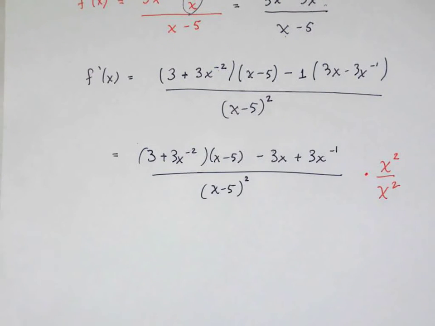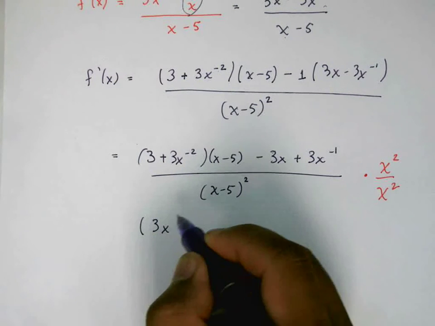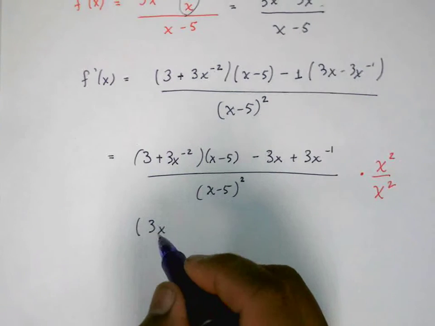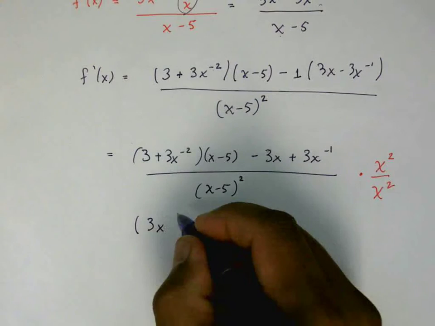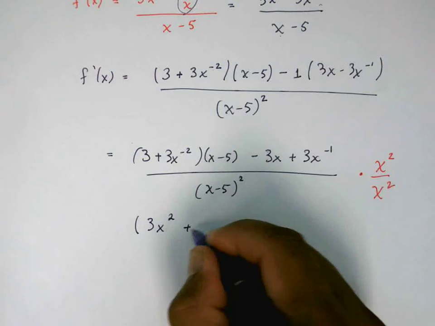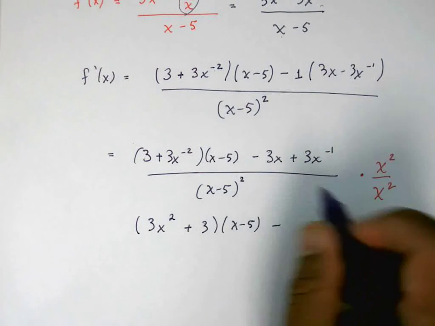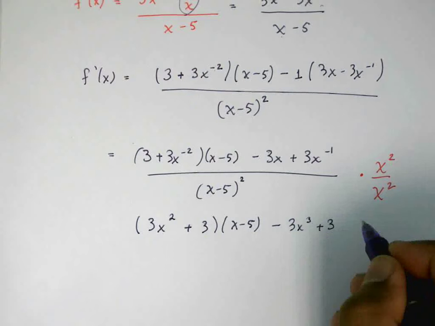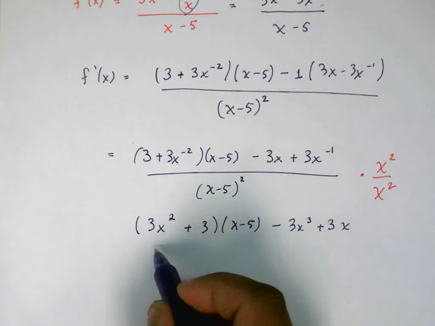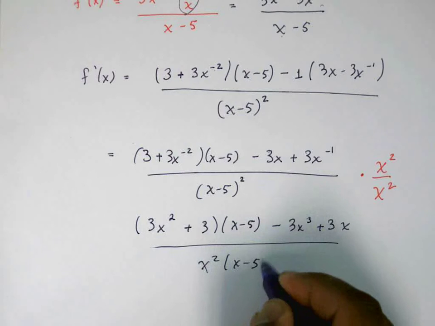So this is going to give me 3x squared plus 3 times x minus 5 minus 3x to the third plus 3x, all of it divided by x squared times x minus 5 quantity squared.